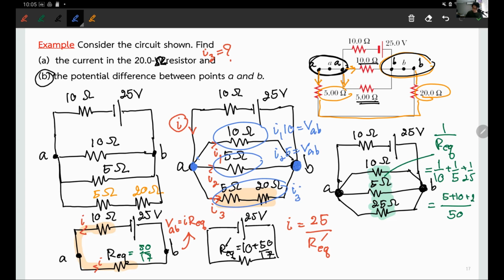I3 times 25 is still V_AB. You see what I'm saying? So by knowing this, you can calculate the current flow on each wire in these parallel connections. You can use V between A and B to calculate I1, I2, and I3, and that allows you to calculate, in this case, I sub 3. That's the part A question.